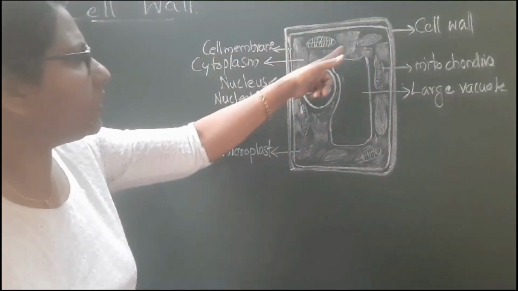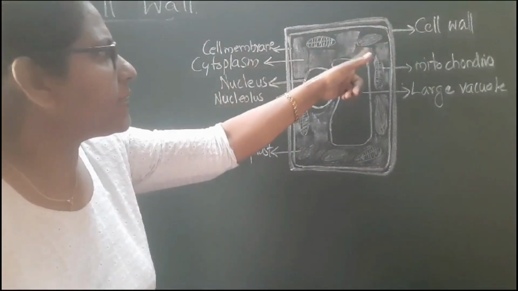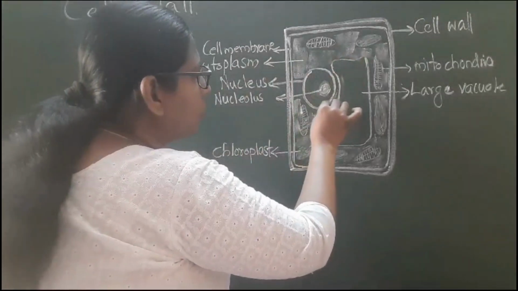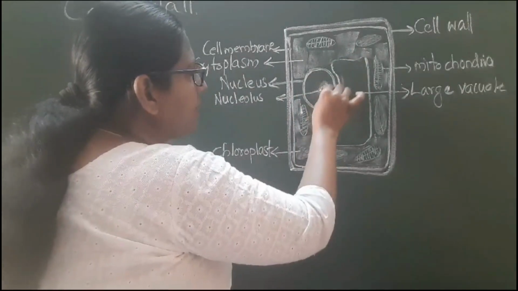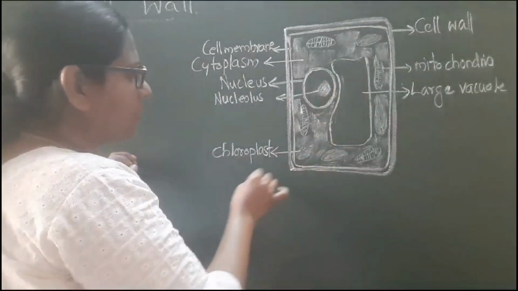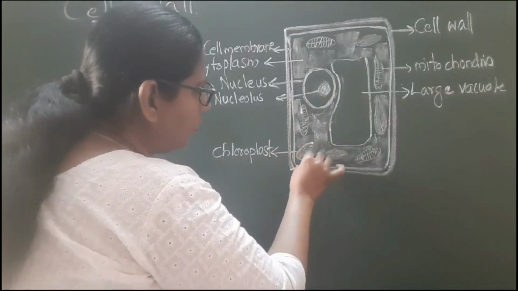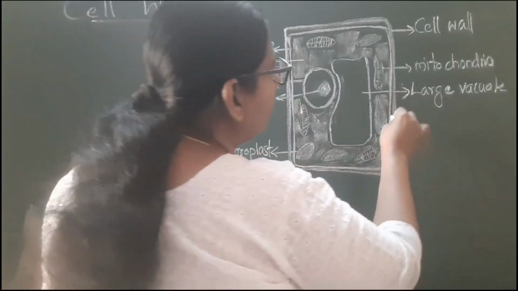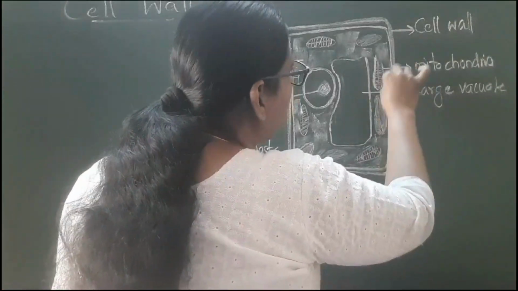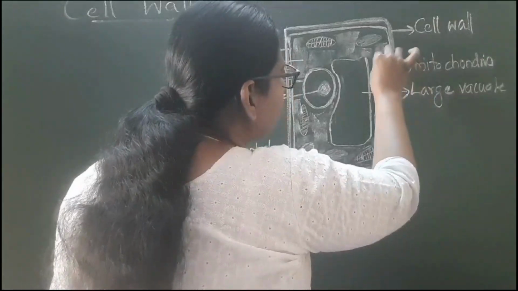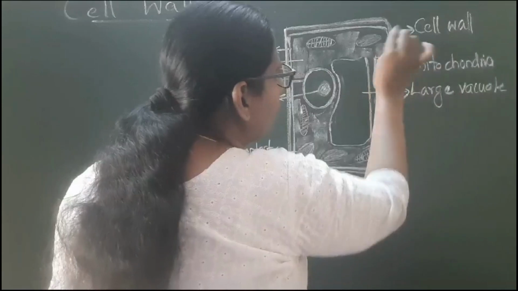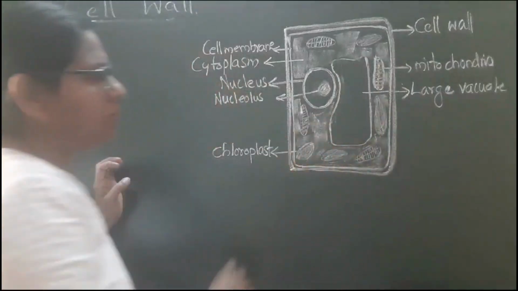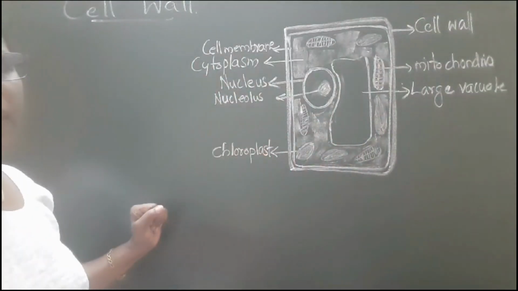Inside there is cytoplasm. Then you can see the nucleus, and inside this is the nucleolus. Here you can see chloroplast, mitochondria, and a large vacuole. This is how a plant cell looks.